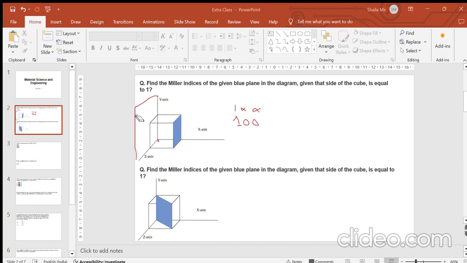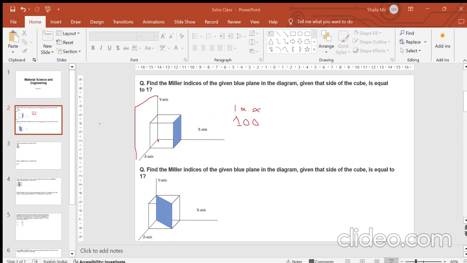Whenever you have to find any angle between planes, you have to use the formula, which is given by cos theta equal to the dot product of their planes, right? So that will be h1 h2 plus k1 k2 plus l1 l2.